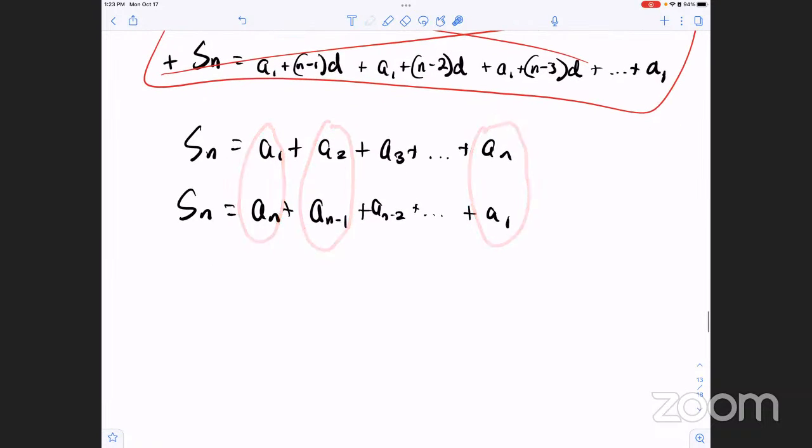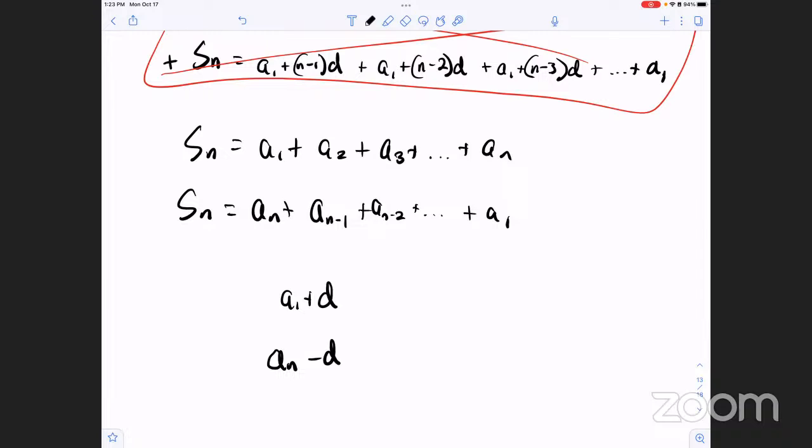So the second term, right, is going to be what? The first term plus some common difference. Okay, here it is. I think we got it now. The AN minus first term is going to be the ANth term minus the common difference, right? So if we're working backwards, we're subtracting the common difference.